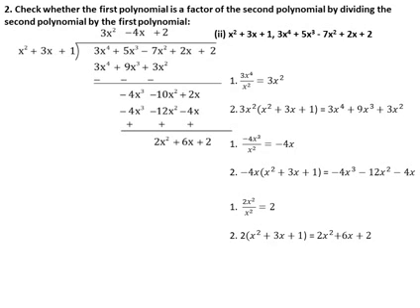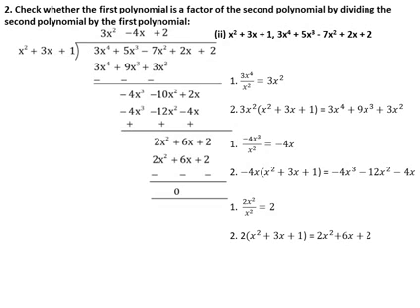Now write it below the dividend. Both are the same terms, so just change the symbol and cancel it. Therefore our quotient is 3x square minus 4x plus 2.